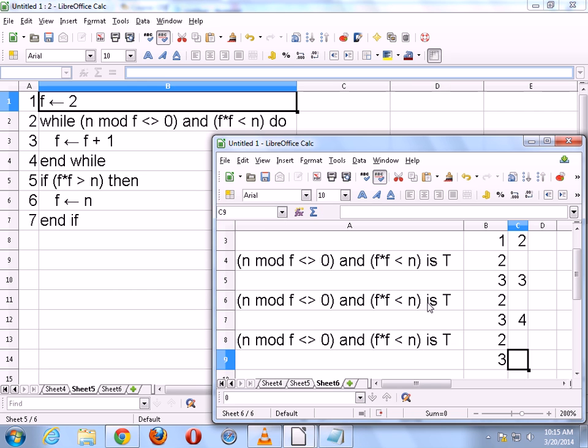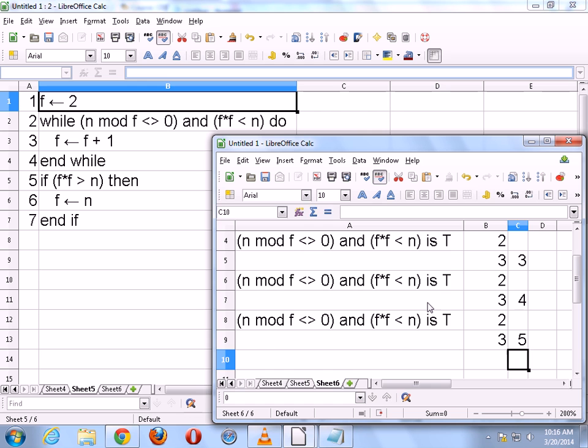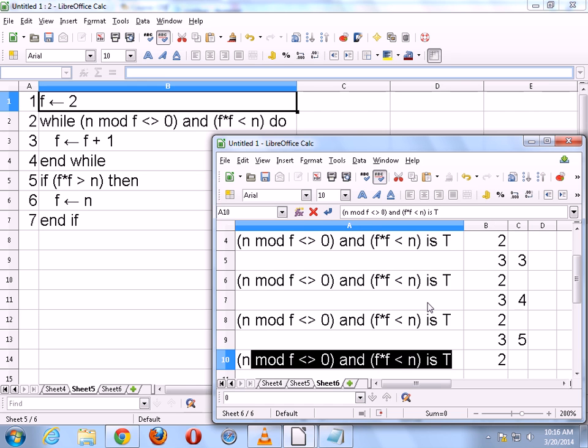We go to line 3, we continue to increment f to 5, go back to line 2. 17 divided by 5 has a remainder of 2. 2 is different from 0 is true. F is 5, 5 times 5 is 25. 25 is less than n, which is 17, is false. So now we have true and false, which is false.